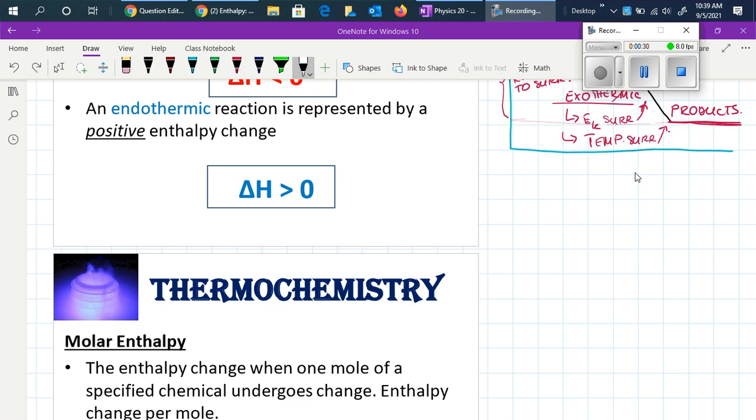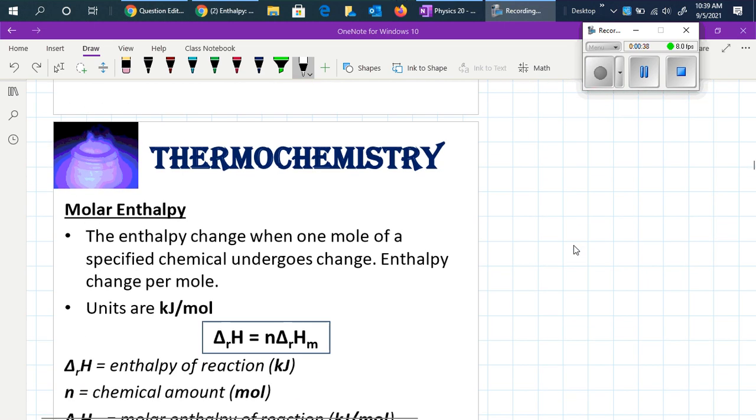Even on the enthalpy, when we are saying what is the molar enthalpy, what we are defining is the enthalpy per 1 mole of the substance or chemical compound that we are talking about.